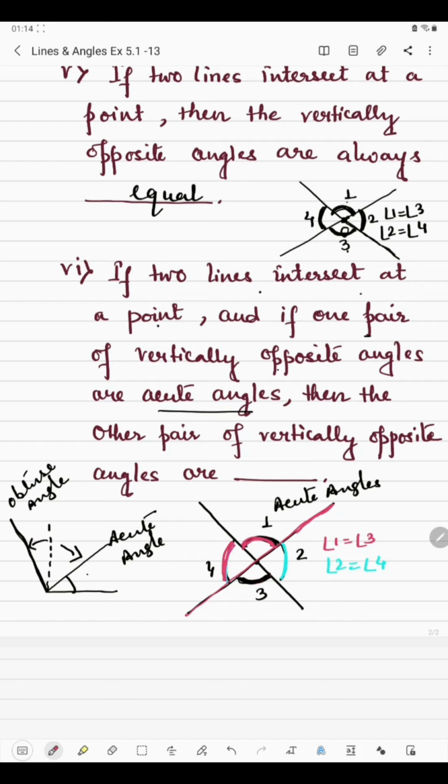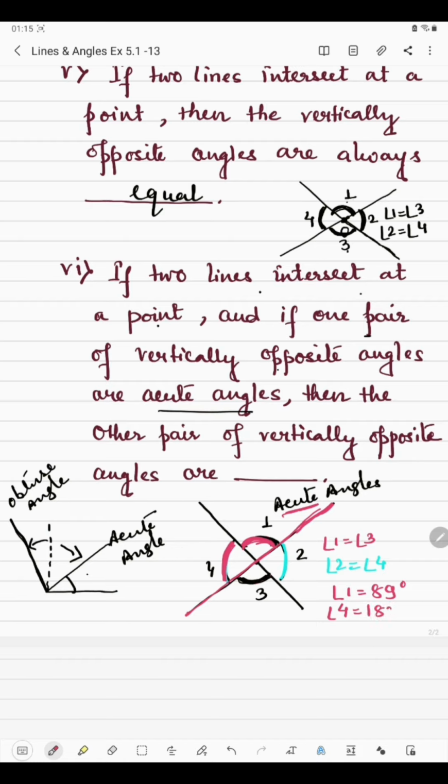Now we know that a straight line forms 180 degree, right? So suppose this angle 1 is, we know that an acute angle is less than 90 degree, so we are considering 89 degree. Okay, so what will be angle 4?